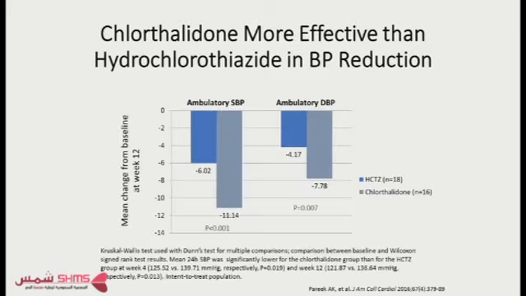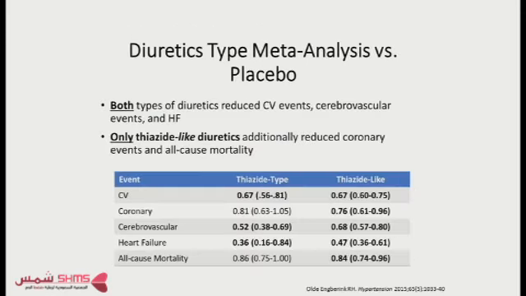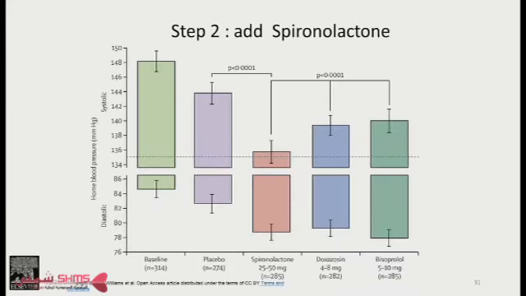This is based on evidence that chlorthalidone is more effective than hydrochlorothiazide in blood pressure reduction. And we have a meta-analysis showing that these thiazide-like diuretics probably have better benefit and protect patients from events. Step 2, we add spironolactone. We all know now spironolactone is very advantageous in this state.